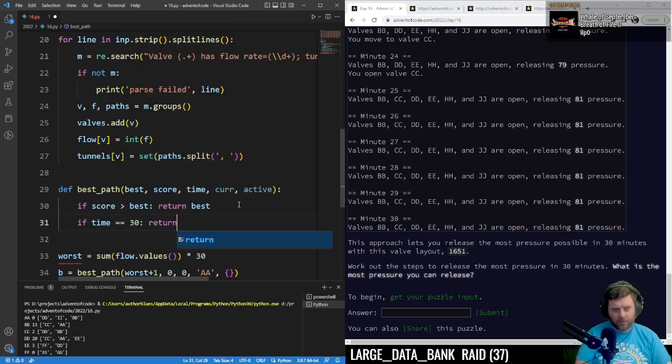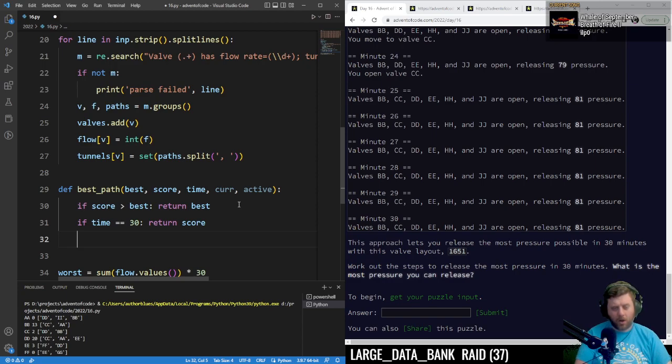Time equals 30, return score. And so now the question is, what am I doing with my time? One option is what I get when I move.